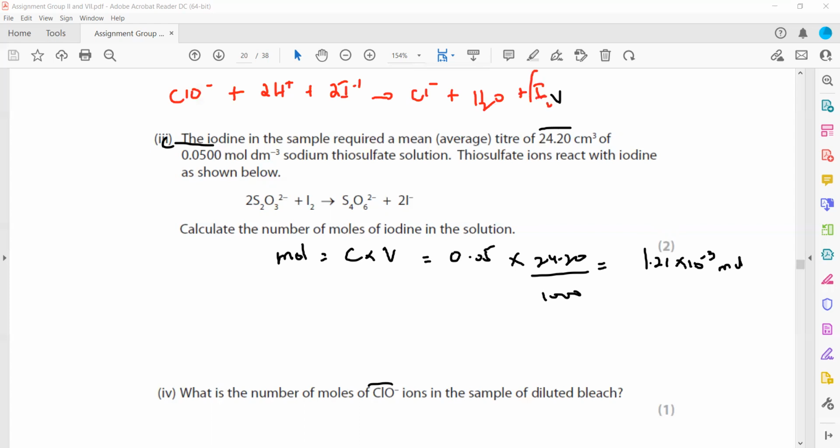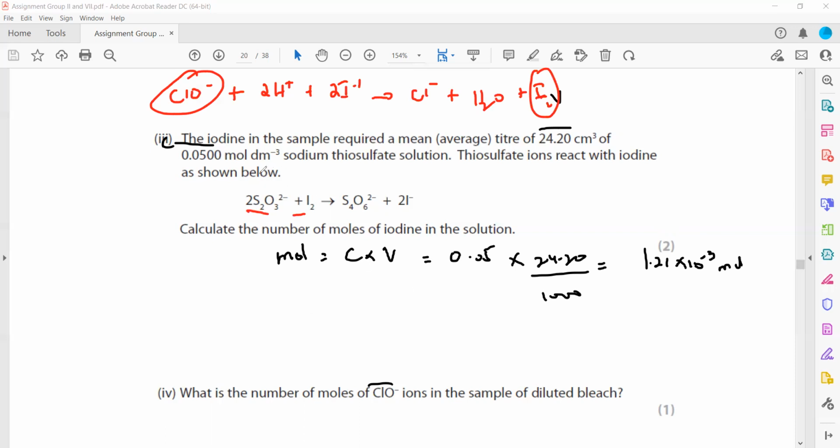So the ratio between the iodine molecule and ClO⁻ is 1:1. But when you check the ratio between iodine and thiosulfate, that is 2:1 overall.